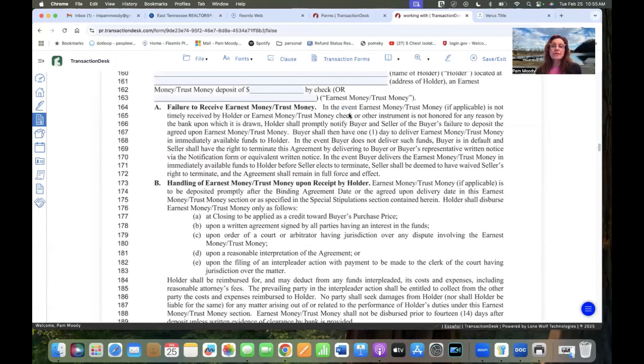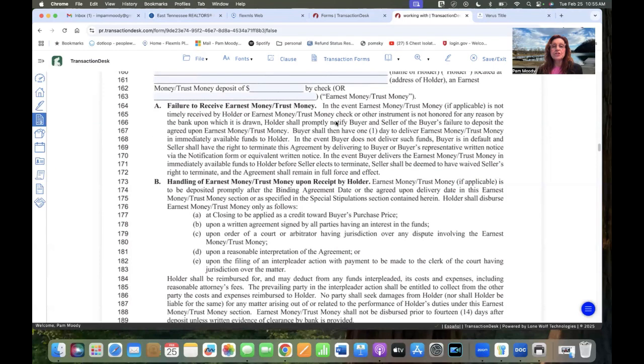Failure to receive it: in the event earnest trust money is not timely received by holder, or earnest money, trust money, check, or other instrument is not honored for any reason by the bank upon which it is drawn, holder shall promptly notify buyer and seller of the buyer's failure to deposit the agreed upon earnest trust money. Buyer shall then have 1 day to deliver earnest money in immediate available funds to the holder.